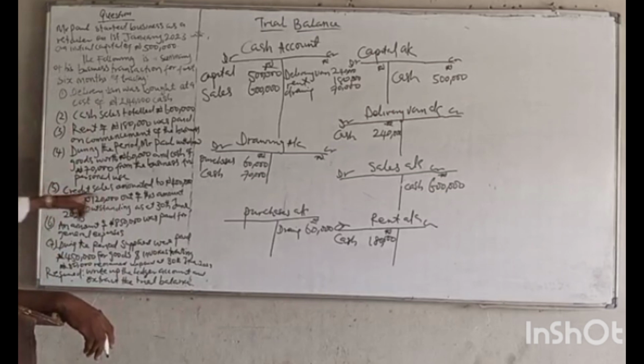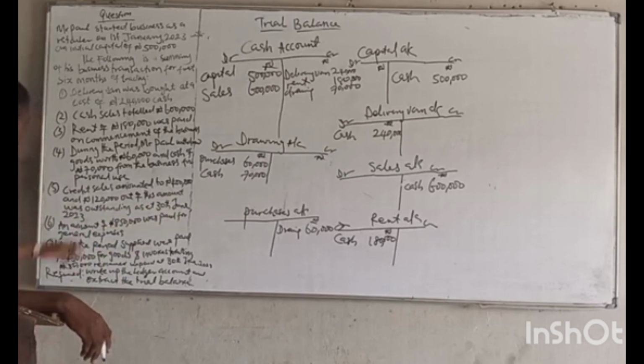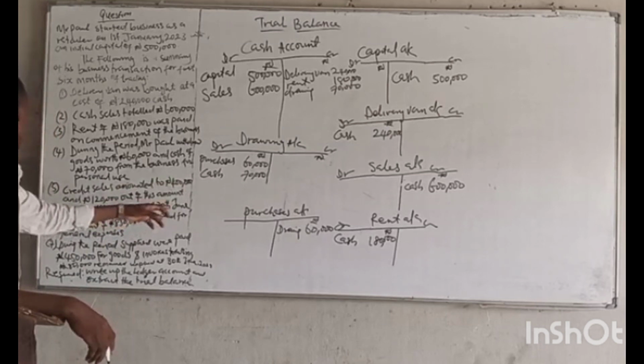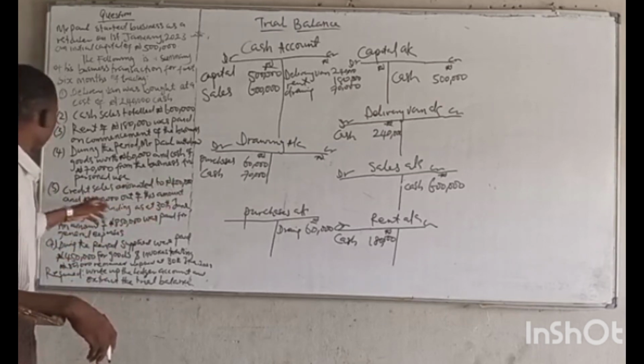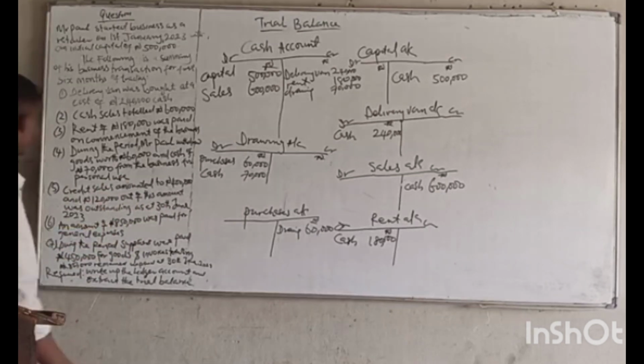number 5 says credit sale amounted to 400,000 naira and 120,000 out of this amount was outstanding as at 30th June 2023. What are the two accounts involved? We have the debtors account and the sales account.